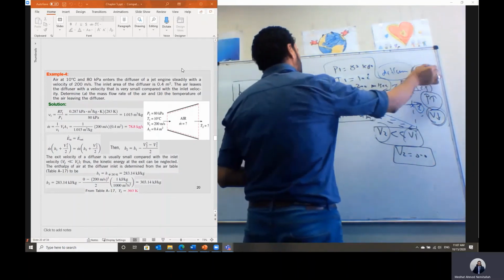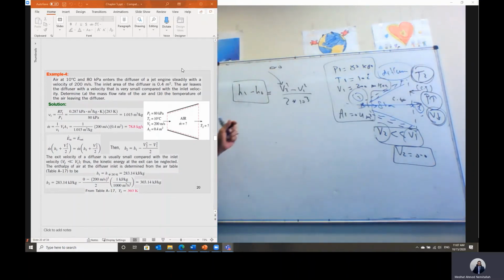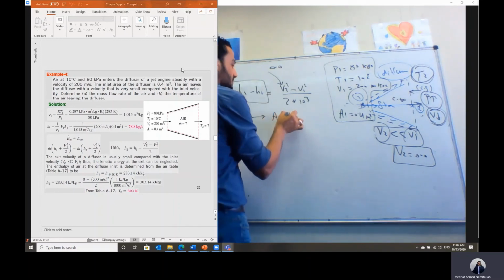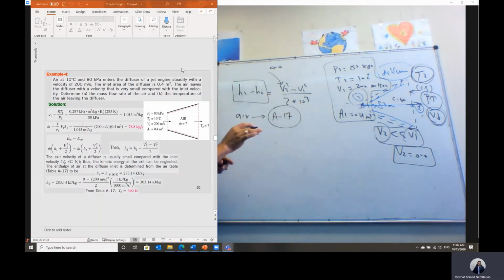But actually, the exit temperature is not given in this case. So in this case, I will use the variable specific heat using tables A17 to A25. In this case, we have air, so air will stick to table A17. In your exam, I will not leave you with any choices. I will just ask you to use directly the variable specific heat.